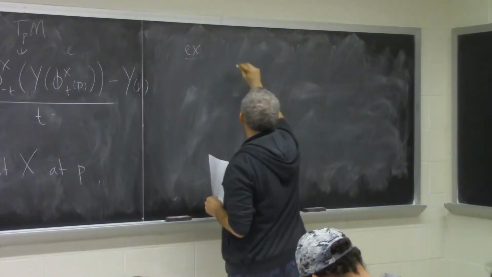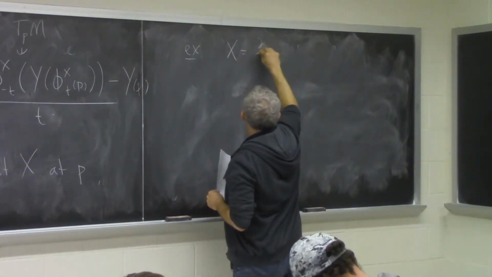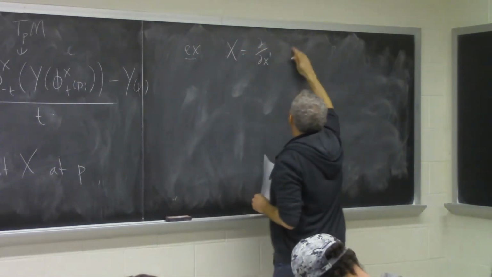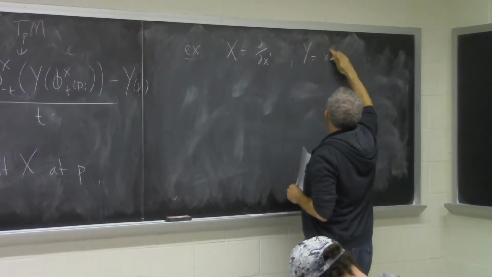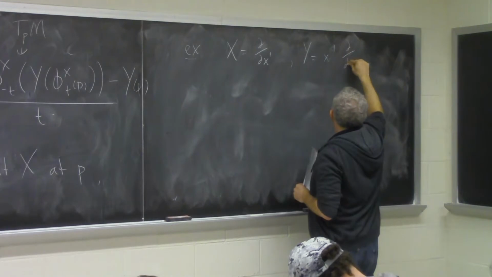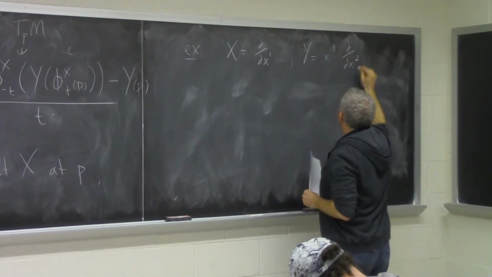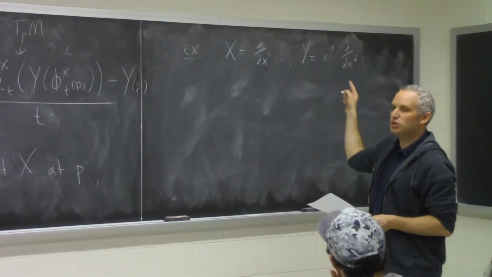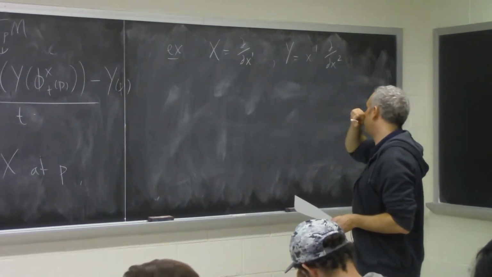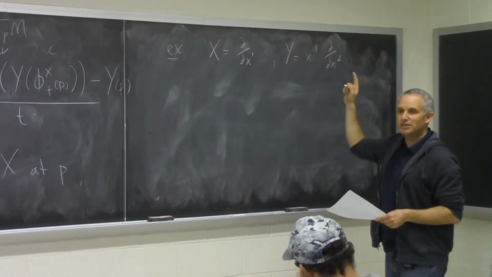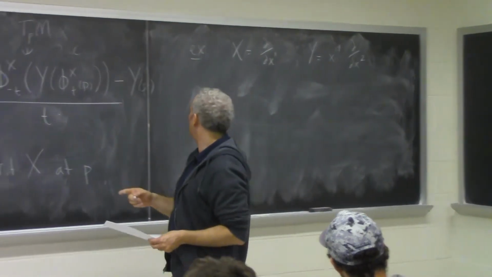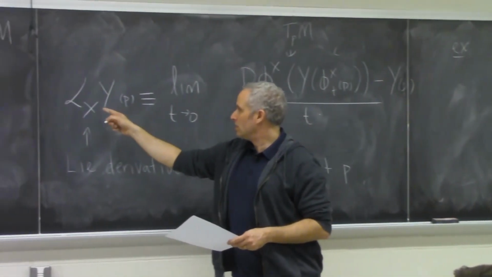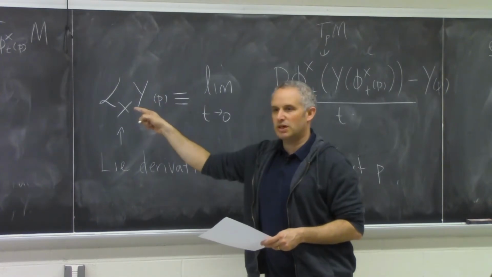All right, so here's an example. We'll do the same example that we did before. So we saw that if we took the Lie bracket of these two vector fields, we got d by dx2. That was the claim. I left that as an exercise. Now let's compute the Lie derivative of y with respect to x.